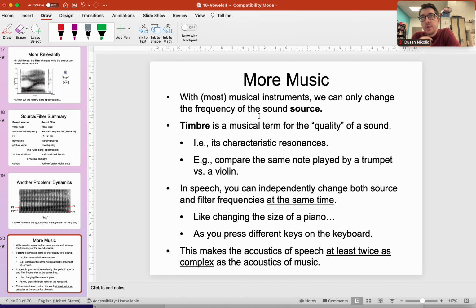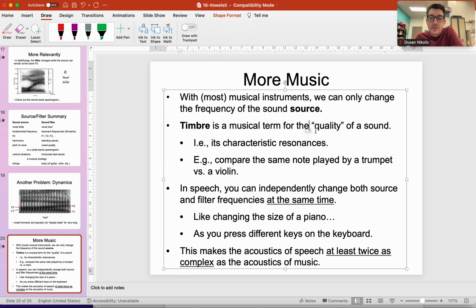That's important to know. That's why we have an orchestra that combines all different musical instruments, because all these musical instruments have their own source, they have their own filter, but what we can only change is the source, right? We can only tweak a little bit their tonality or tone, the pitch at which they're played.